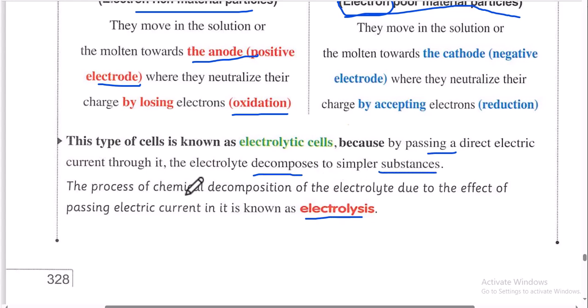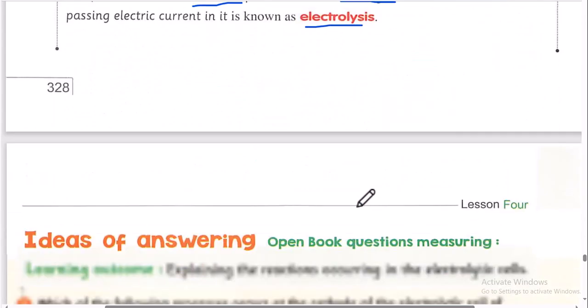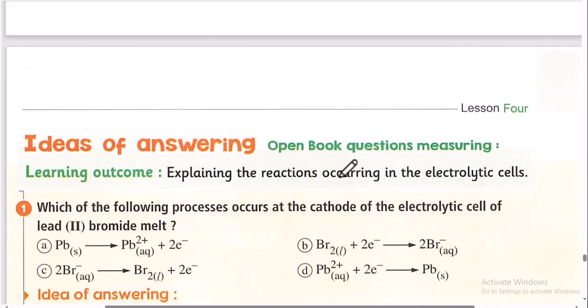So the process of chemical decomposition of the electrolyte due to the effect of passing electric current in it is known as electrolysis. Electro means electric current, lysis means decomposition by electric current. So let's have some examples about this.